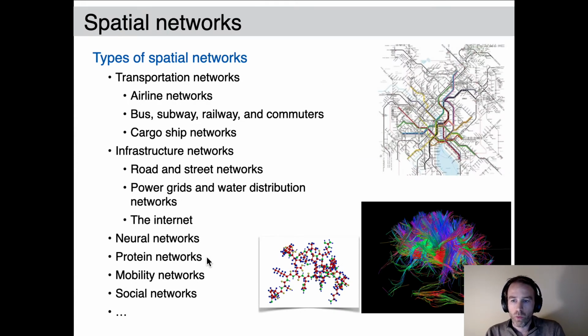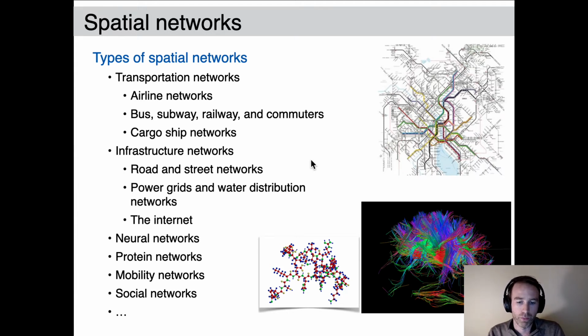So what are the different types of spatial networks? Here are a few examples. Typically you have networks embedded in geographical space, like here some transportation network dataset, but it can be any social network also. For instance, nodes are usually embedded into space, whether you represent individual people or interactions between cities.